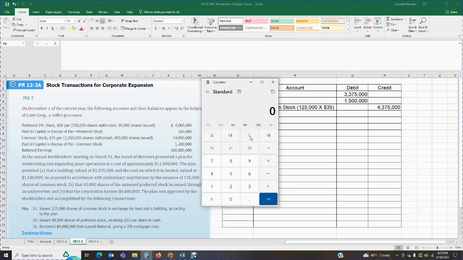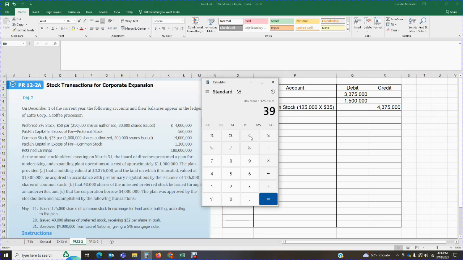So in this case, the land and the building, if we add those together, are valued at $4,875,000. I'm going to divide that by the number of shares that I received in return for the land and the building. Okay, that gives me $39 per share. So we were okay in receiving 125,000 shares at a value higher than the par value. Okay, so it was at $39 per share.